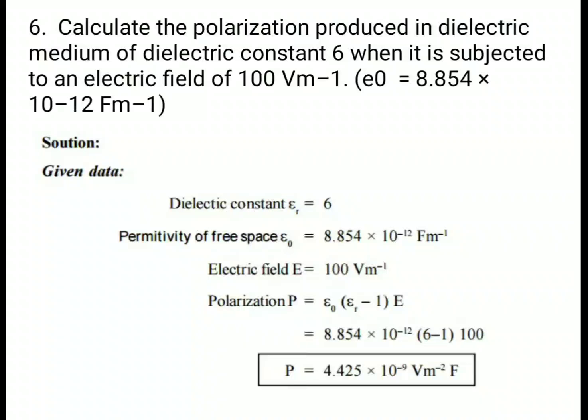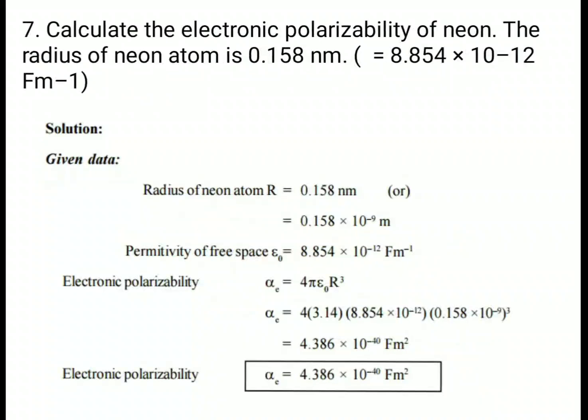Now next problem: calculate the electronic polarizability of neon. The radius of the neon atom is 0.158 nanometer. Here epsilon naught value is 8.854 × 10^-12 farad per meter.